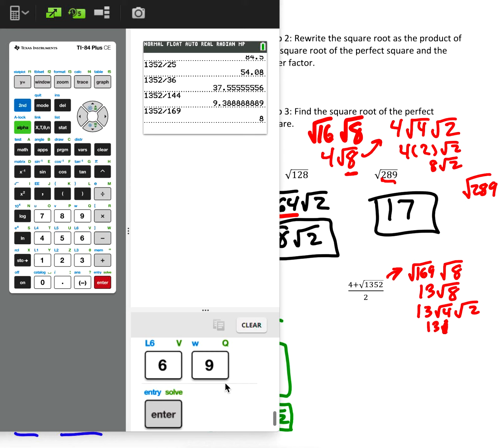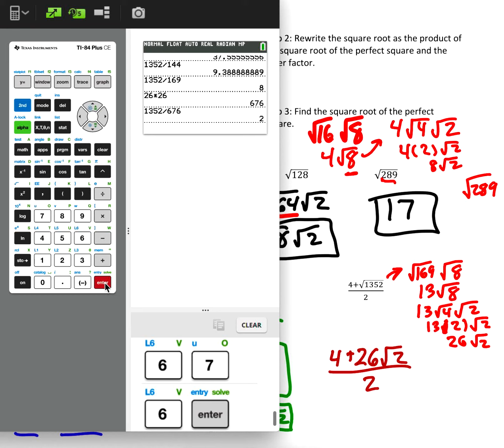So we have 4 plus 26 rad 2 all over 2. And now I'm going to split this up into two fractions. So it'll be 4 divided by 2 plus 26 rad 2 divided by 2. And we would divide that and simplify it: 4 divided by 2 is 2, 26 divided by 2 is 13 rad 2.